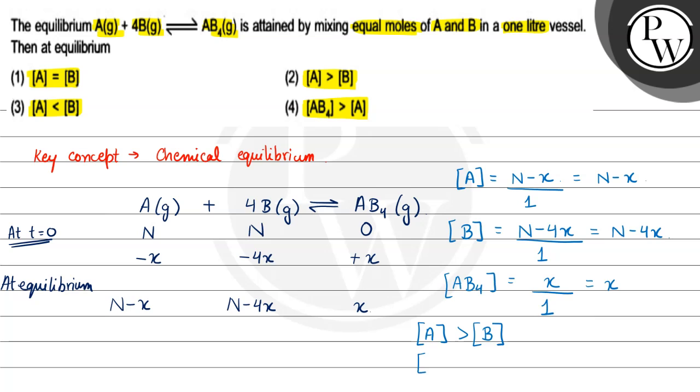Also, concentration of AB4 is less than the concentration of A at equilibrium. So, the correct answer to the question is option 2. Concentration of A is greater than the concentration of B at equilibrium.